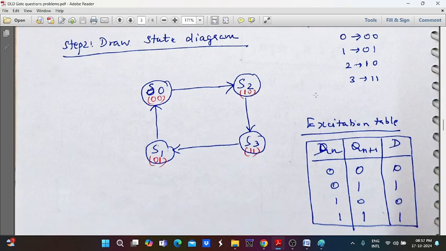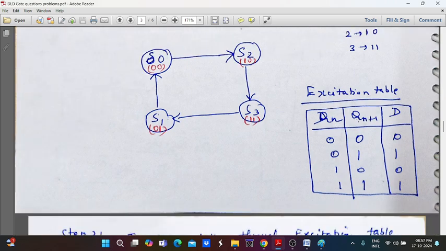For the D flip-flop, this is the excitation table: Qn, Qn plus 1, and D. Qn may be 0 or 1; it does not matter what it is. Whatever input you give to this D, that will be the output Qn plus 1.